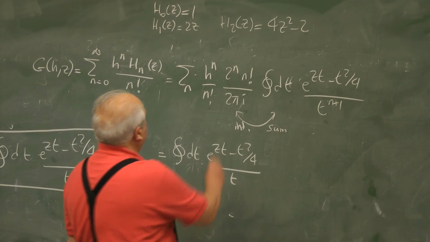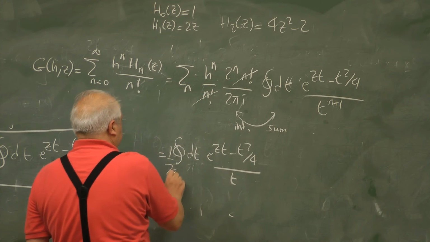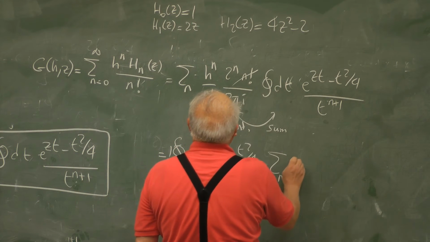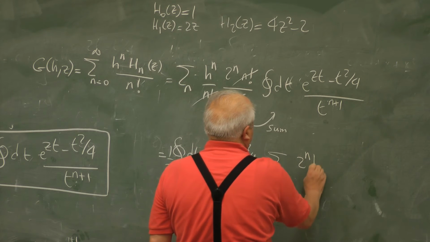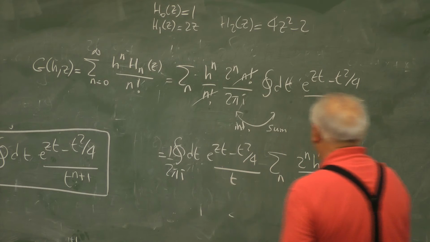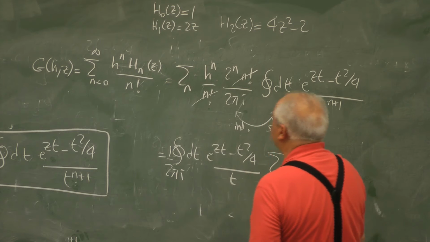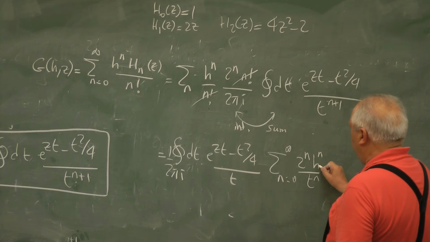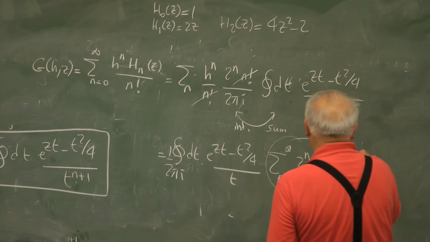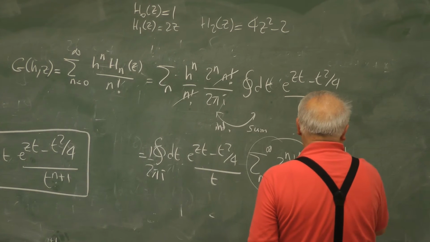And then the n factorials cancel here, and 1 over 2 pi i is here. Sum over n, 2 to the n, h to the n, over t to the n. n goes from 0 to infinity, and h is a small parameter, so that we can say this is 1 over 1 minus 2h over t.